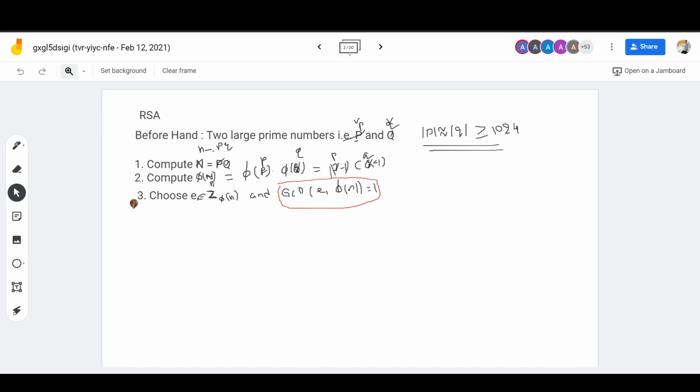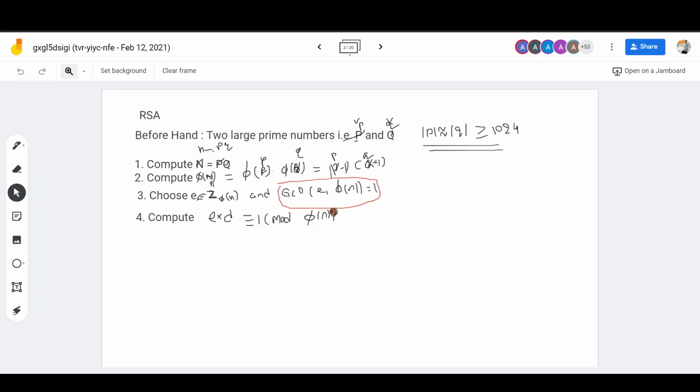The fourth one is very interesting. Again you need to compute. You have to compute like this: e multiplied with some d is congruent to 1 mod pi of n.